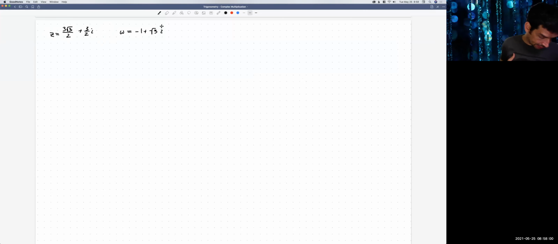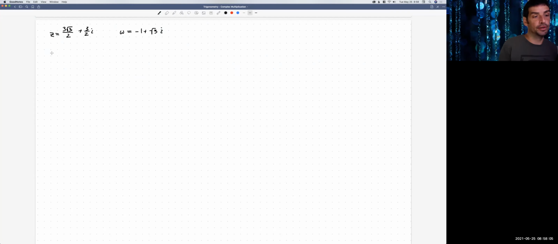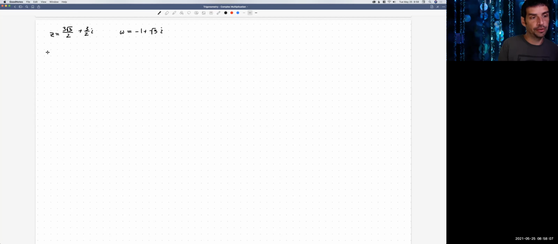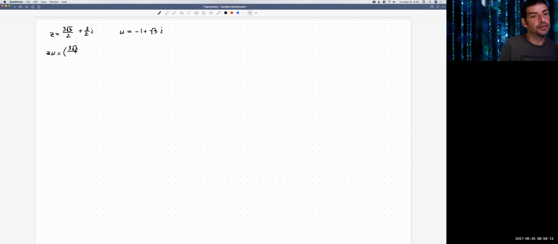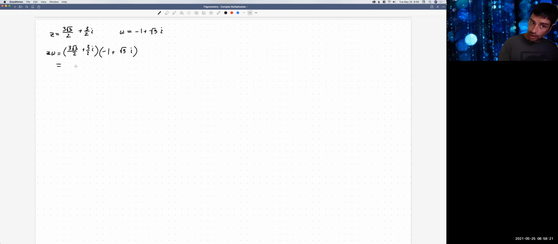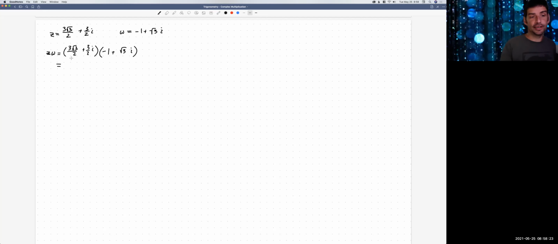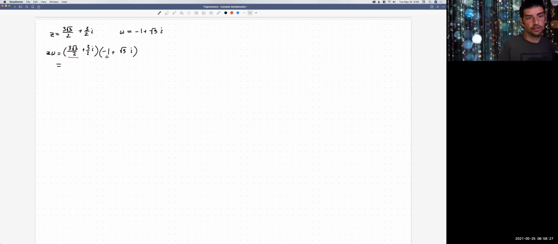So let's do a few things. Let's first multiply these two numbers in the original way we learned. So z times w is going to be 3 root 3 over 2 plus 3/2 I, times -1 plus root 3 I. So remember what happens, we get the product of the two real parts.